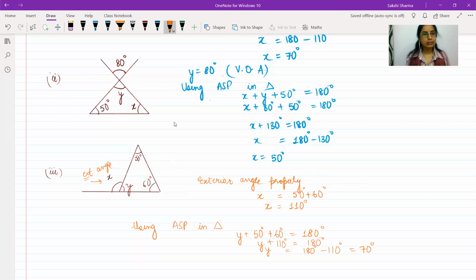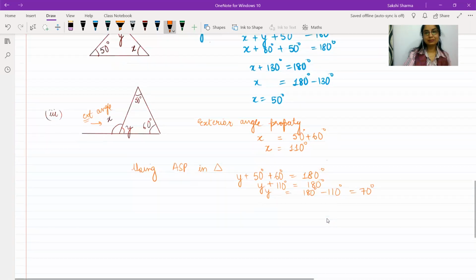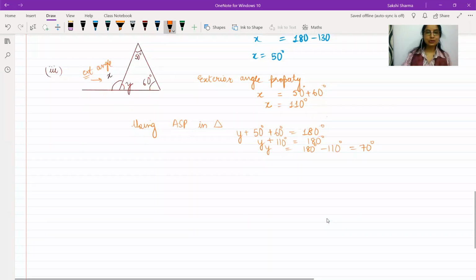That's correct. Harnavaz has also calculated. Fourth part, let me take a look. Yes, Gagandeep, your answer for the fourth part is right. Let's draw the figure for the fourth part.